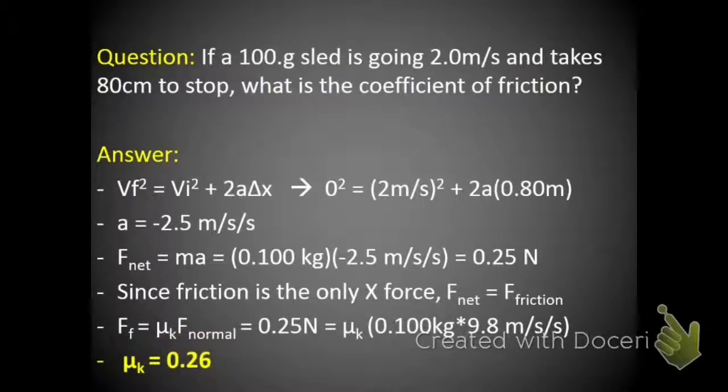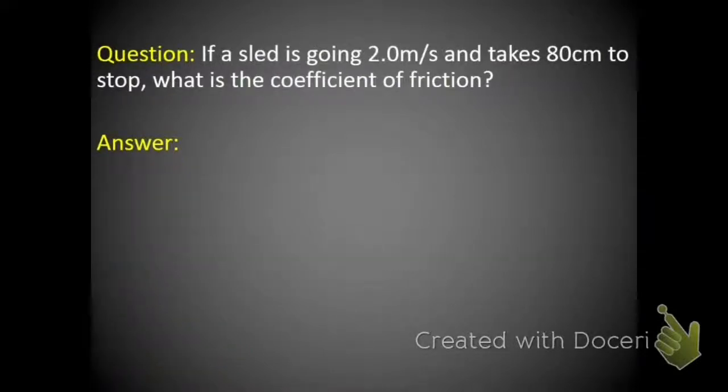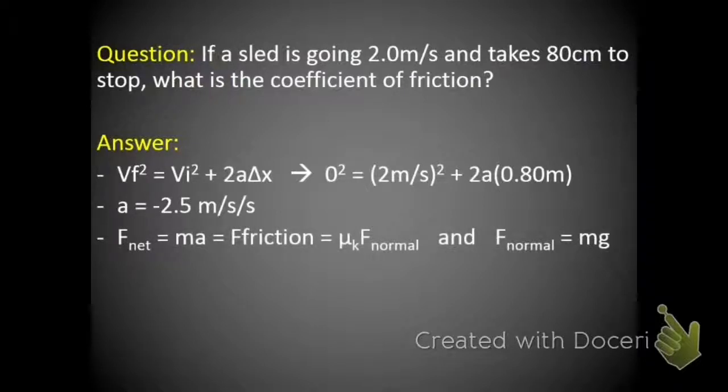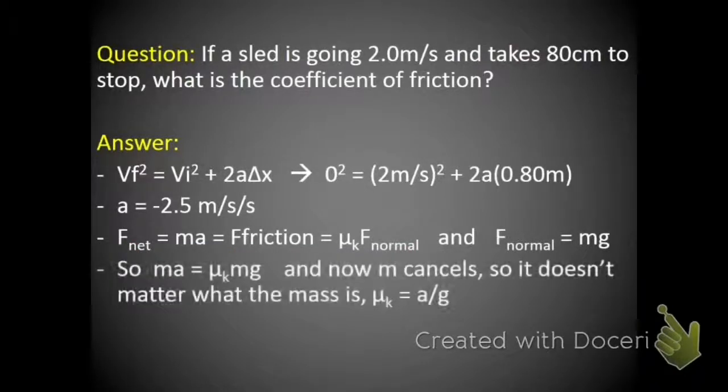Now let's say I had this exact same problem, only they didn't give me the mass of the sled. Can it still be solved? The answer is absolutely. I would still solve for the acceleration using the kinematic equations. Then I would set the net force equal to the frictional force. As I mentioned, the net force is the only force, which is the frictional force.